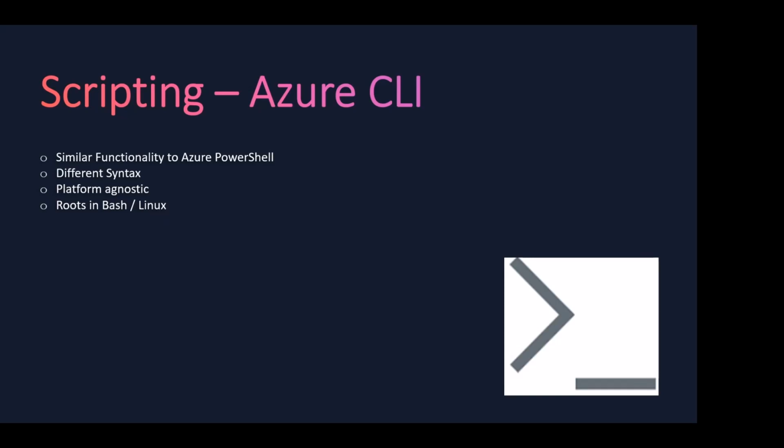This is due to Azure CLI being the original cross-platform command line. Nowadays, the choice of Azure CLI or PowerShell is more of a user choice rather than a technological choice. It's just which one you're more comfortable with.